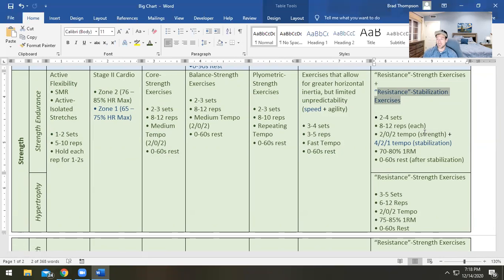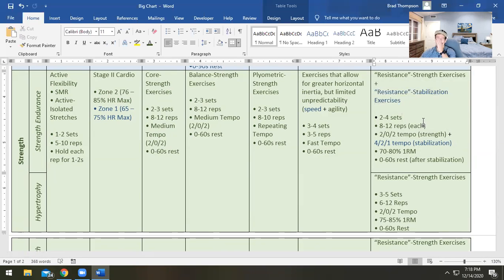So remember, we talked about supersets on Friday, right? A superset is just 2 exercises back to back, but a NASM strength endurance superset is 2 exercises back to back with no rest in between, for the same body part. Strength first, stabilization second. Let me start that over.